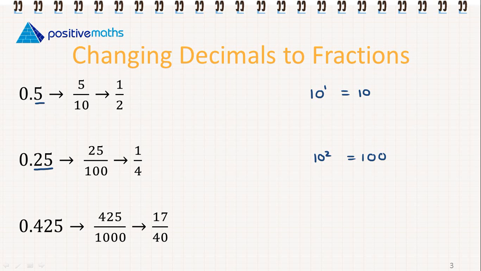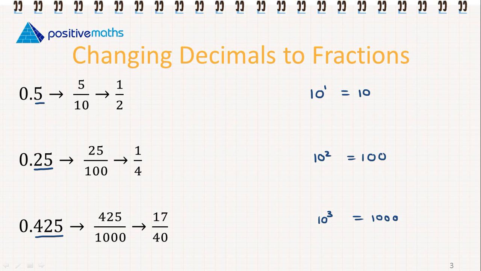And our third example, we have 0.425. That's 3 decimal places, so we put that number over 10 to the power of 3, which is equal to 1,000. When we simplify this down, 425 over 1,000 will be equal to 17 over 40.